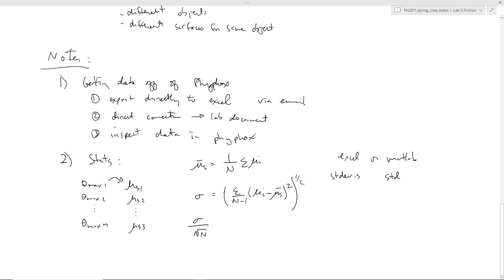Okay. So in other words, just for consistency, your measurement would look like the average value of mu plus or minus this delta mu, where the delta mu is given by the standard deviation over root n.